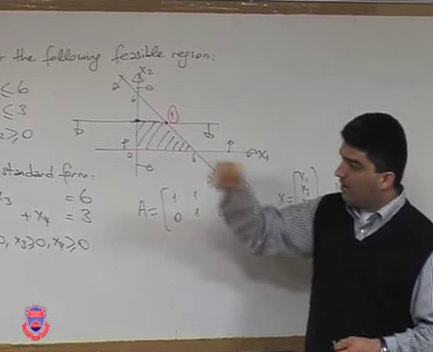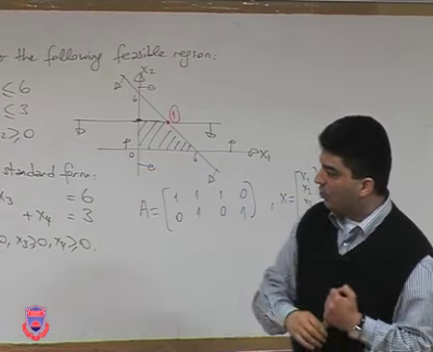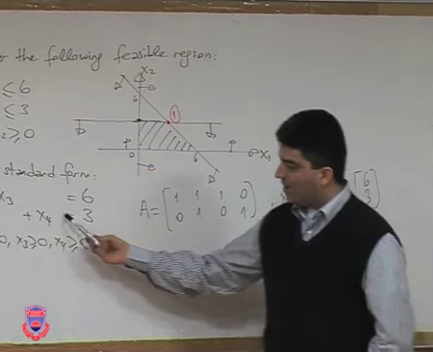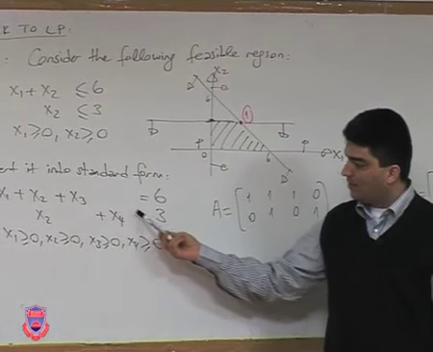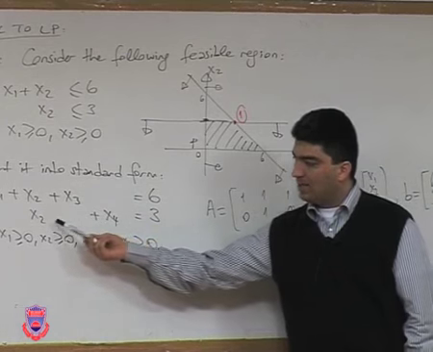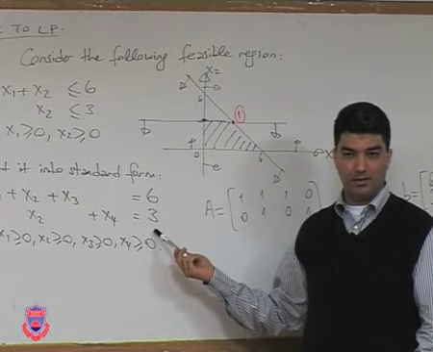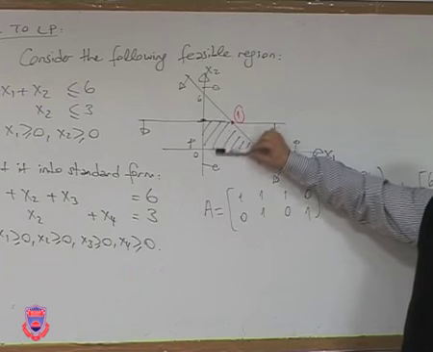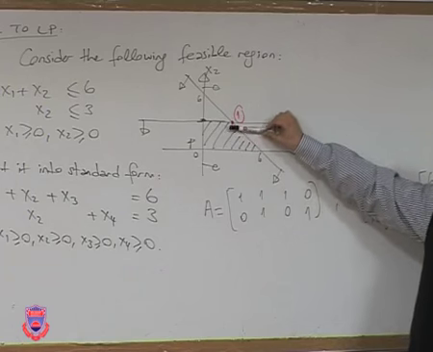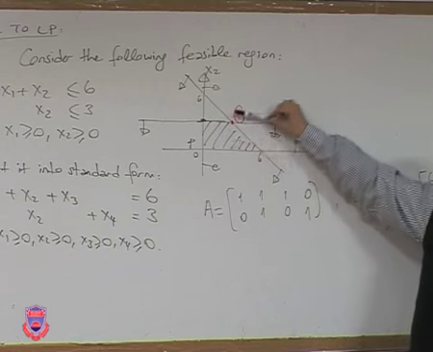Then I'm also setting x4 to 0. Well, x4 is the slack variable corresponding to the second constraint. If x4 is equal to 0, then that means that x2 should be equal to 3. So then I'm looking at this line and this line. But the problem is that these two lines are parallel to one another.